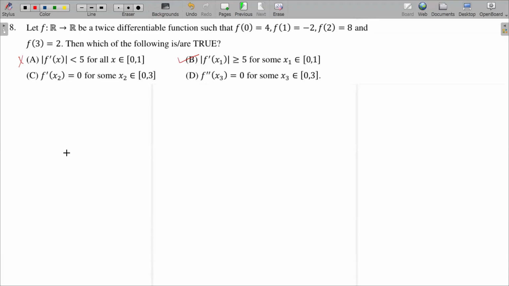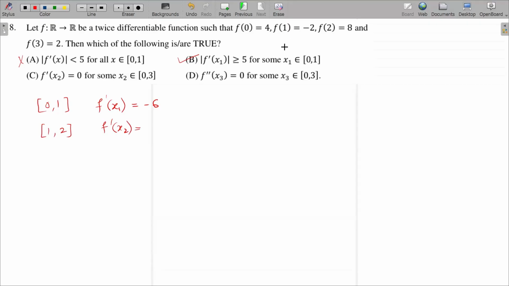That's a nice idea. Between 0 to 1 and 1 to 2, there is a change of sign, from positive to negative. So there must be a point where it will be equal to 0.